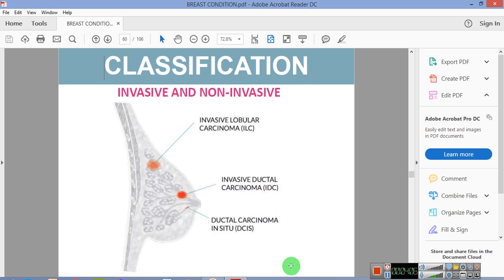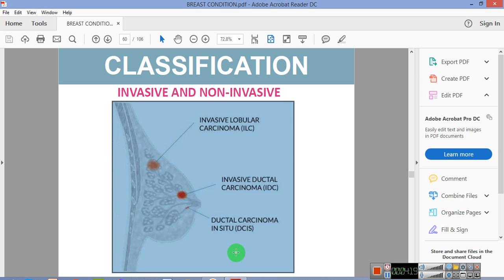These are invasive and non-invasive carcinomas: invasive lobular carcinoma, invasive ductal carcinoma, and this is ductal carcinoma in situ.